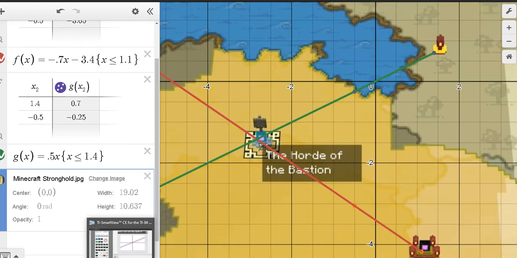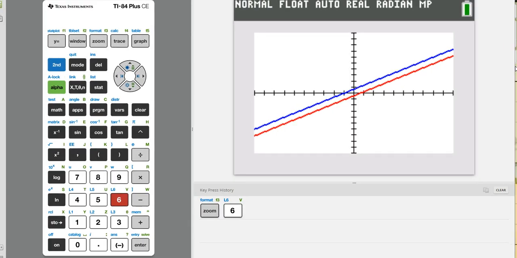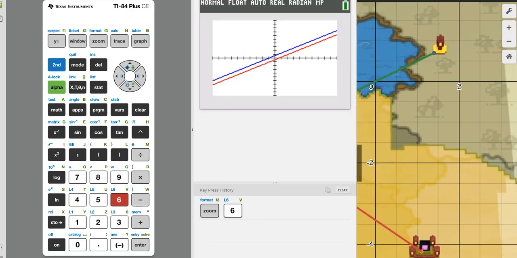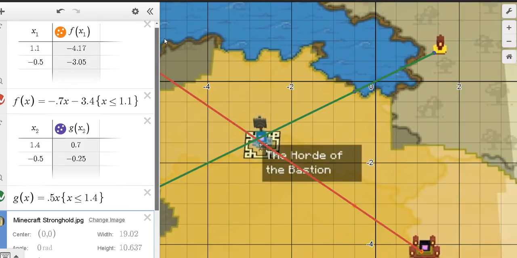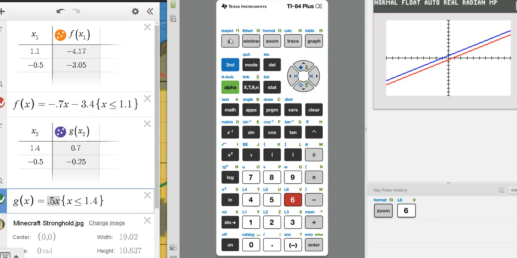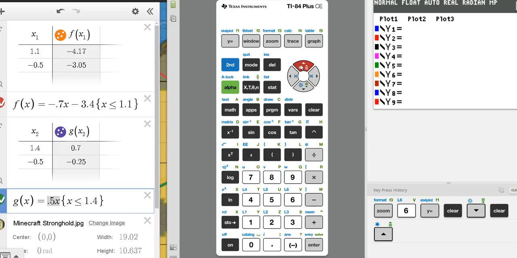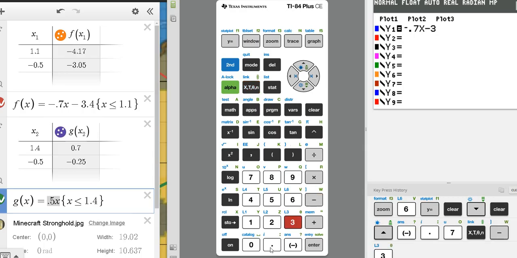So take out your calculator and let's plug in those two equations. Those two equations are right here and here. I'll hit the y equals key and clear out the stuff that was there. The first equation I'm going to plug in is negative 0.7x minus 3.4, and then 0.5x for the other equation.